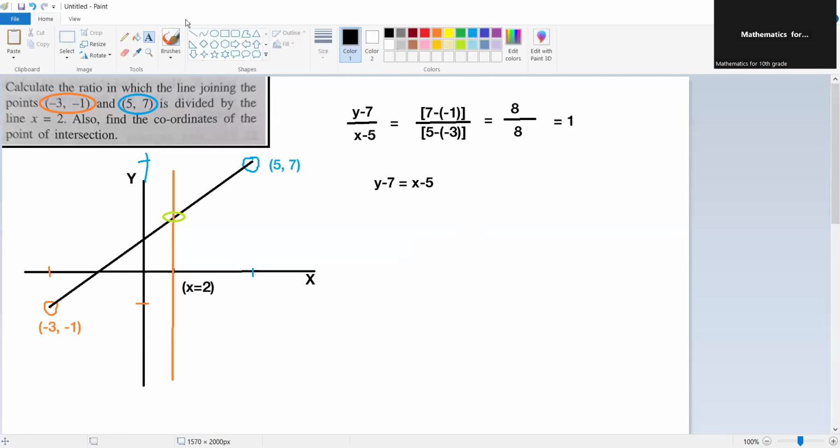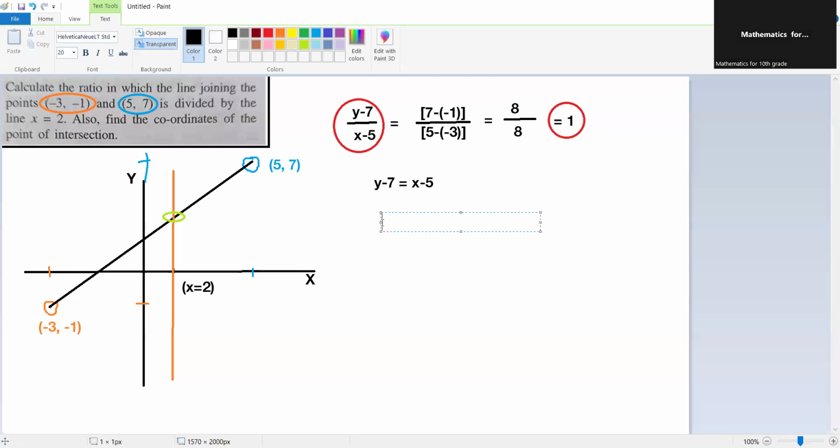I take this equal to this. This is the equation of the line. I just send the x minus 5 to the right side of the equal sign. So y minus 7 is equal to x minus 5, which means the equation of the line is x minus y plus 2 is equal to 0.